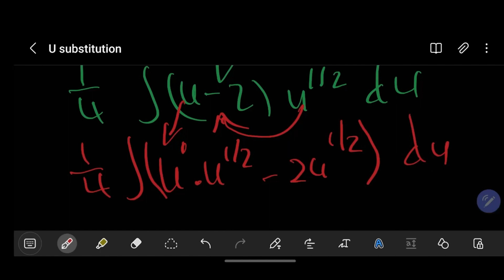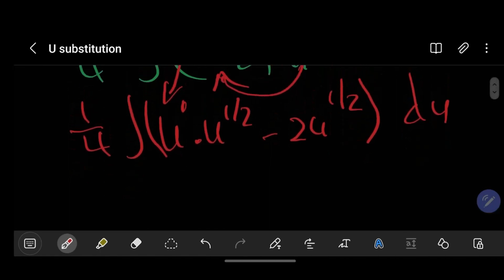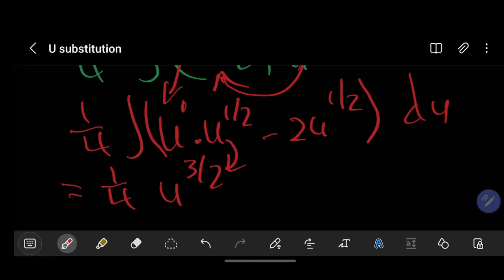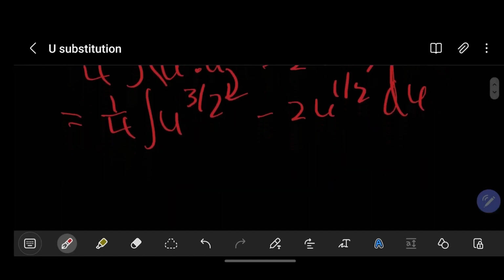Okay, so doing this multiplication, we'll have 1 by 4 u to the 3 by 2, minus 2 u to the half du. Okay, we get the du.